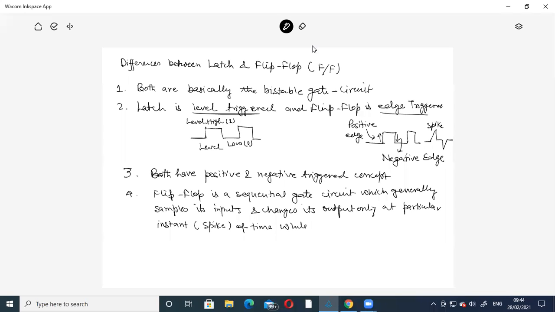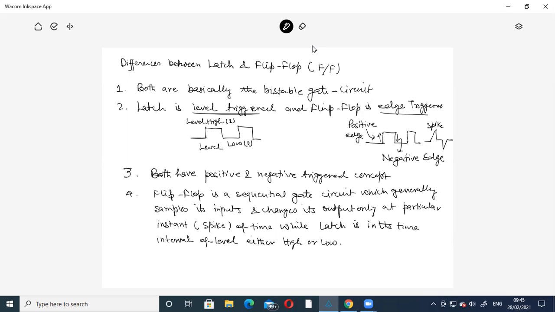While latch is in the time interval of level, either high or low.